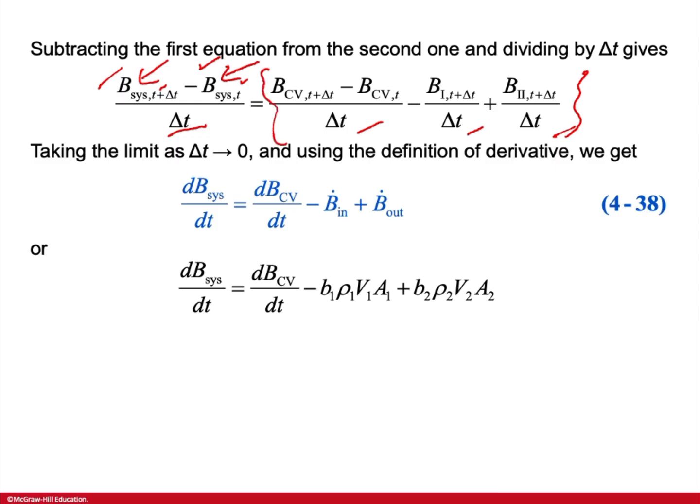Now if you remember, a derivative is just a limit of delta t going to 0.